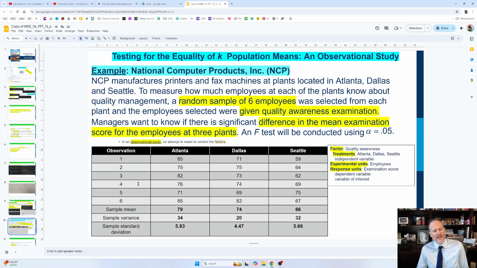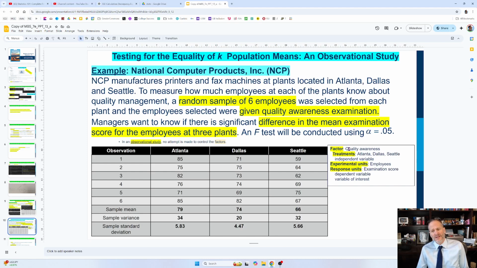Right? Here in an observational study, no attempt is made to control the factors. And so here it says the factor is quality awareness. Are they like architecting or engineering or coming up with different treatments to see if they could control how good people are with quality in the plant? They're not.